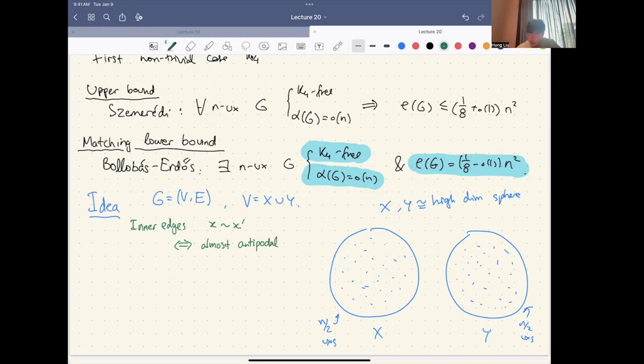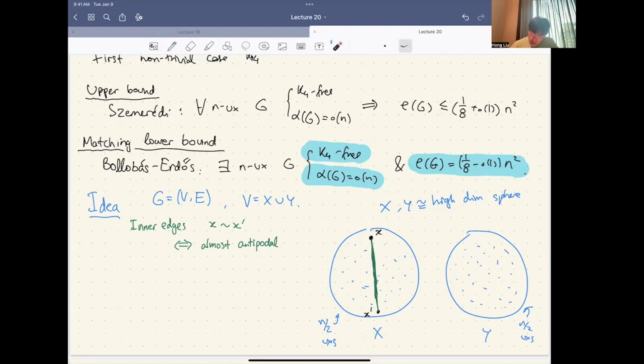Antipodal. Okay, so you have x here, and x prime here. You add an inner edge if they are almost at the opposite position on the sphere, antipodal position, almost. There's some little room to wiggle. This is how we add inner edges.